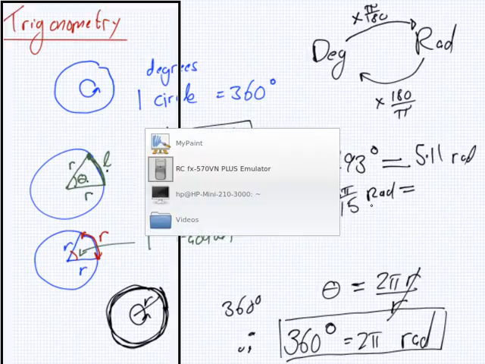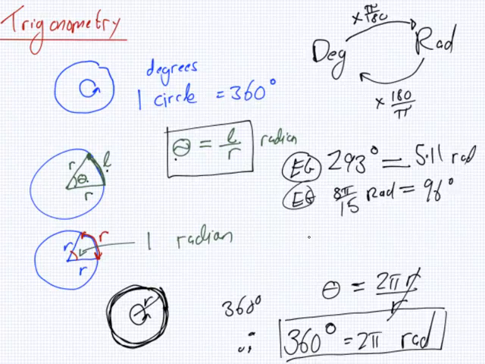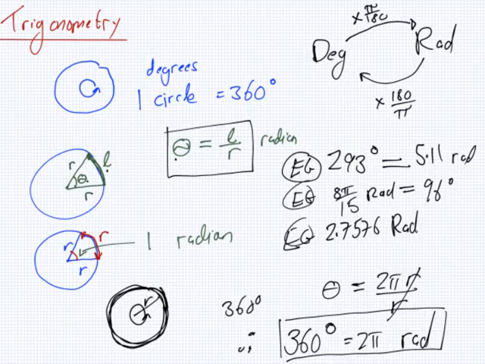So, this time, 8 pi over 15 times, and what do I need this time on the top? 180 over pi, so the answer is 96 degrees. Okay, and then just one more of these. I want you to convert 2.7576 radians into degrees.